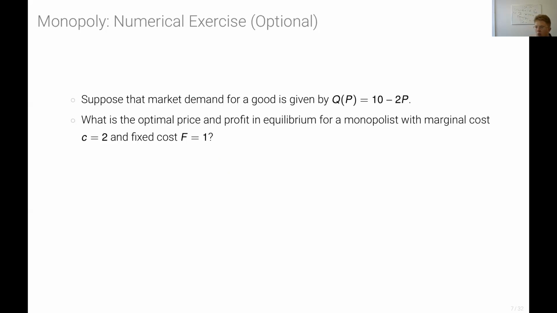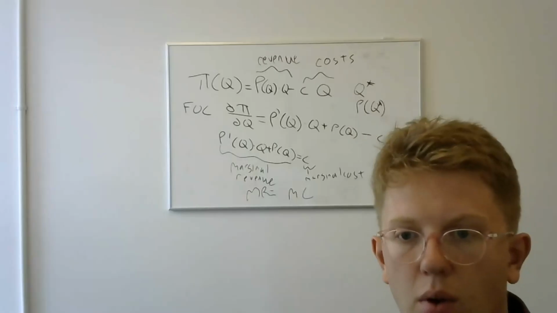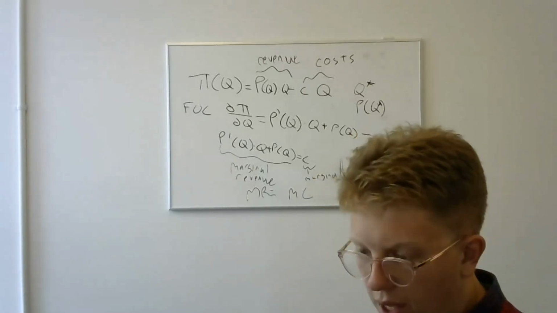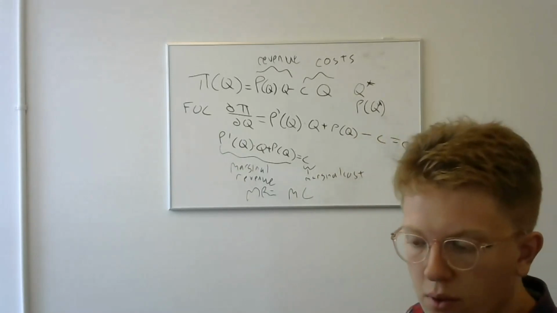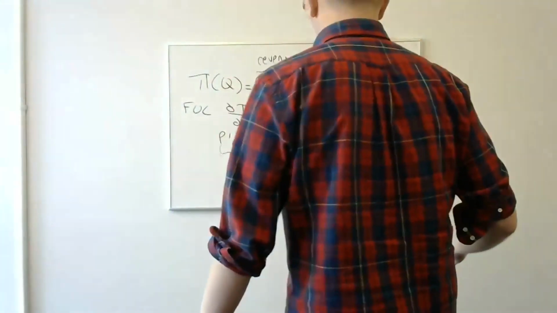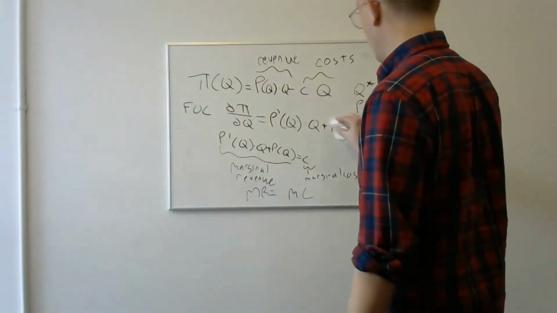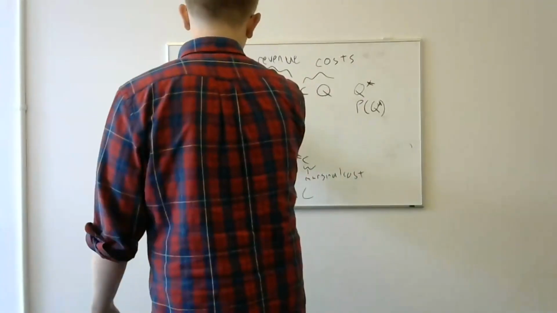The first step, going back to what we did before, is to notice that we have P as a function of Q in my solutions. So if we want to use this rule, we need to figure out the inverse demand curve.